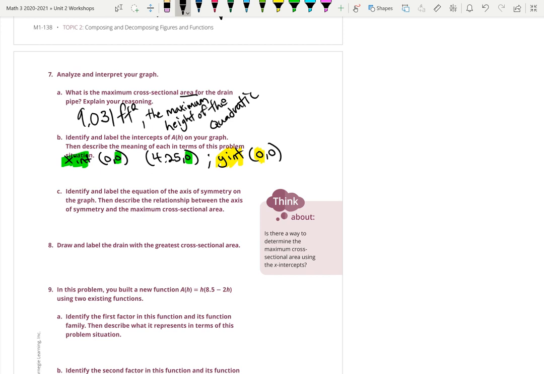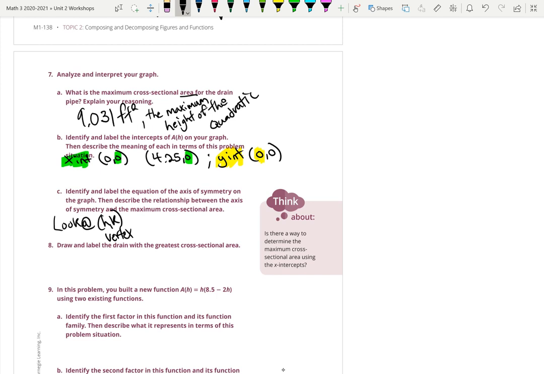Now, identify and label the equation of the axis of symmetry on the graph. Then describe the relationship between the axis of symmetry and the maximal cross-sectional area. So what are we going to look at? We are going to look at the vertex. The vertex is (h, k).